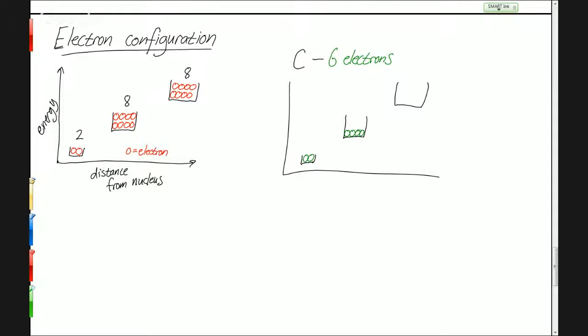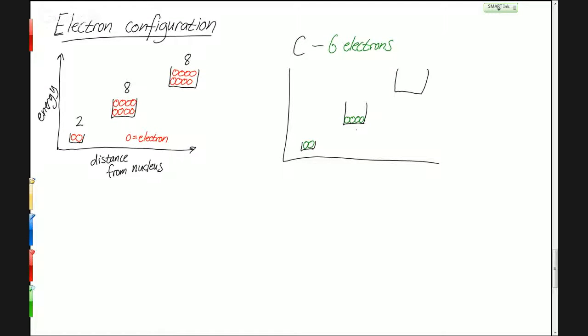And this tells us that there are 2 electrons in that first level and then 4 electrons in the second level. We're going to give those levels some names. Anybody know what the highest level that has electrons in it is called in an atom? Valence, yeah.